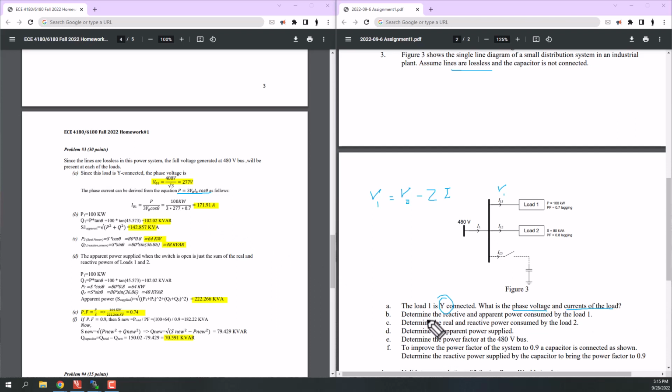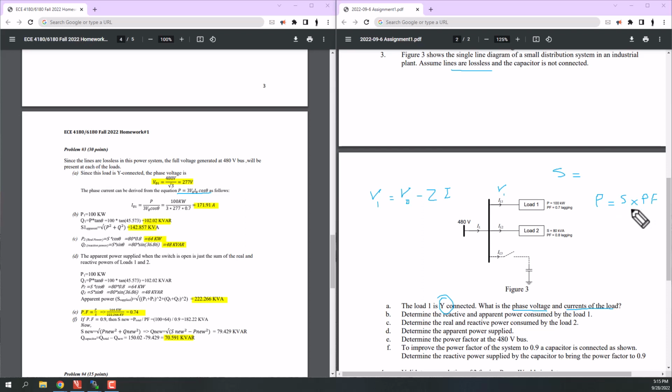In part B, we are asked to determine the reactive and apparent power consumed by load 1. We have active power, and we know that P is S multiplied by PF.